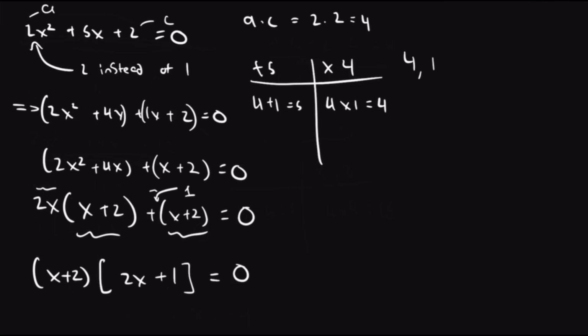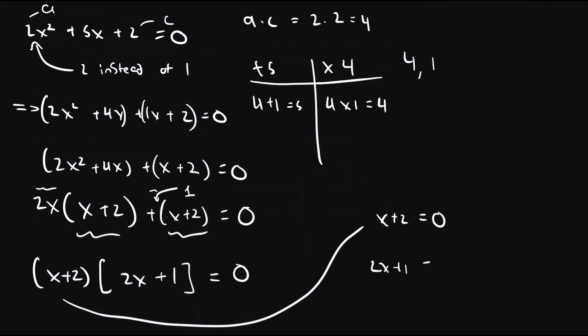So that's how the equation factors. We just need to solve x plus 2 equals 0, and then 2x plus 1 equals 0. So x equals negative 2, or x is equal to negative 1/2. And that is the equation solved.